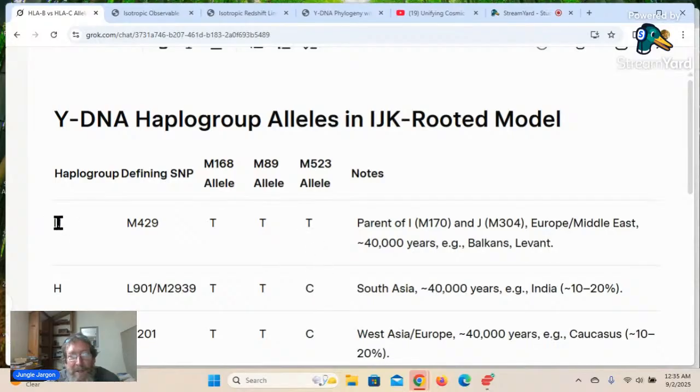In the IJ lineage, which is confirmed to be Arpachshad by the Cohen model haplotype, this IJK allele is shared with Arpachshad's uncle Japheth. So he got the allele through his father, which he shares with his uncle Japheth.